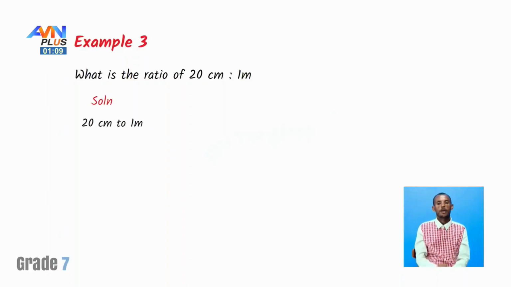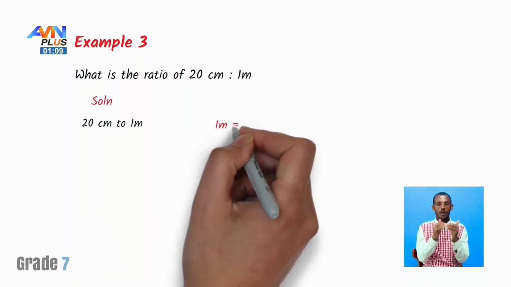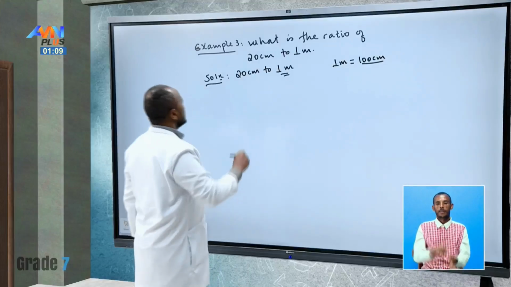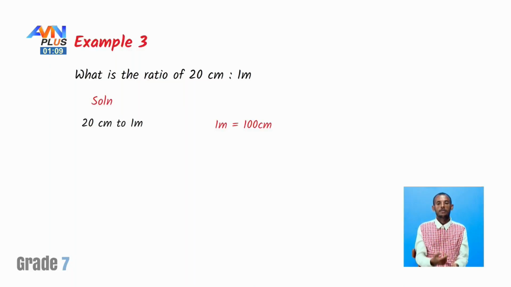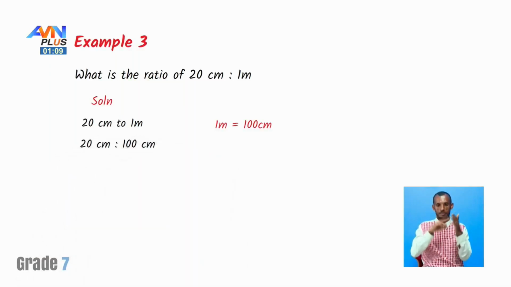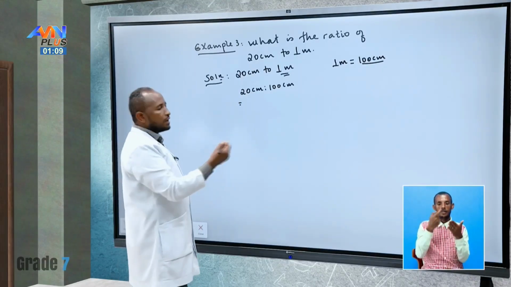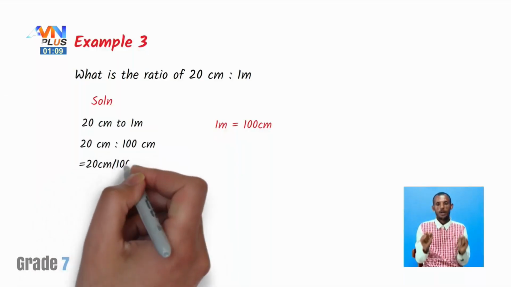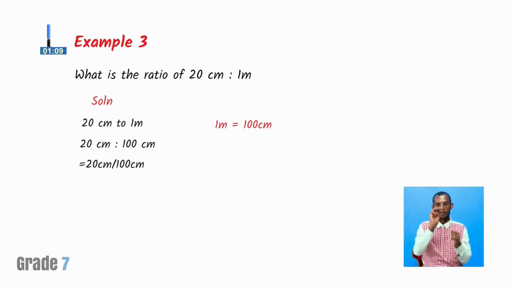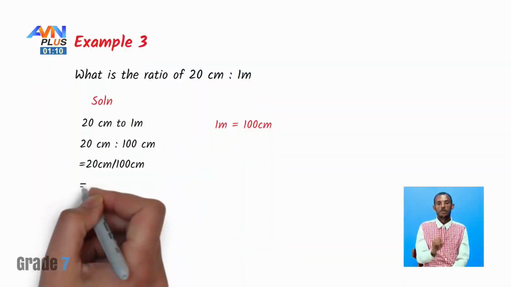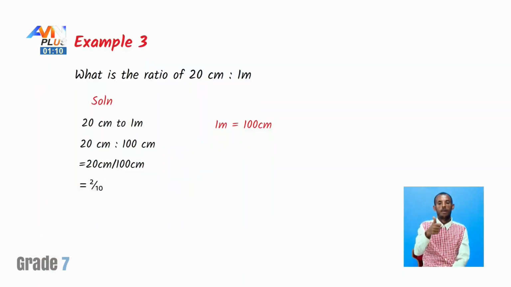From your lower grade lesson, 1 meter is equal to 100 centimeters. Therefore, the ratio of 20 centimeters to 100 centimeters, I can write in fraction form: 20 centimeters over 100 centimeters. Centimeters cancel out, and the zeros cancel out, and you have 2 over 10.